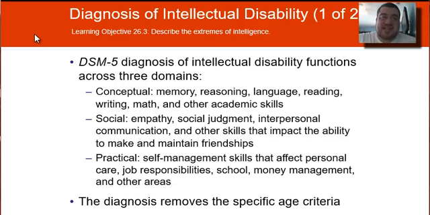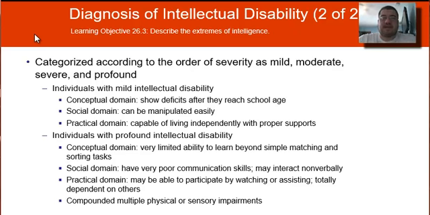And the new DSM-5, which went into effect in 2013, now removes the specific age criteria for these diagnoses. And it's categorized in level of severity. Mild is the least severe, and then profound is the most severe.